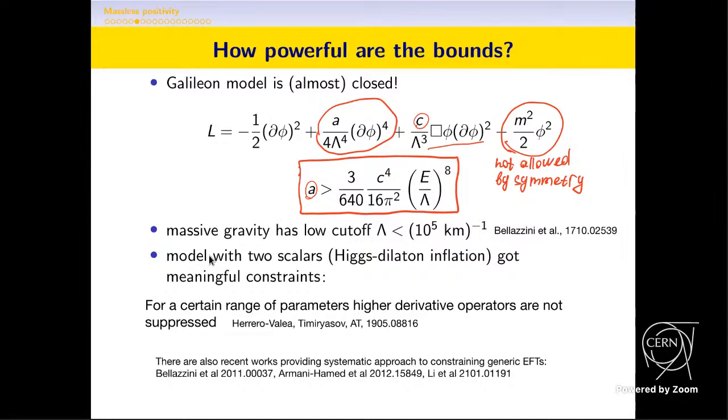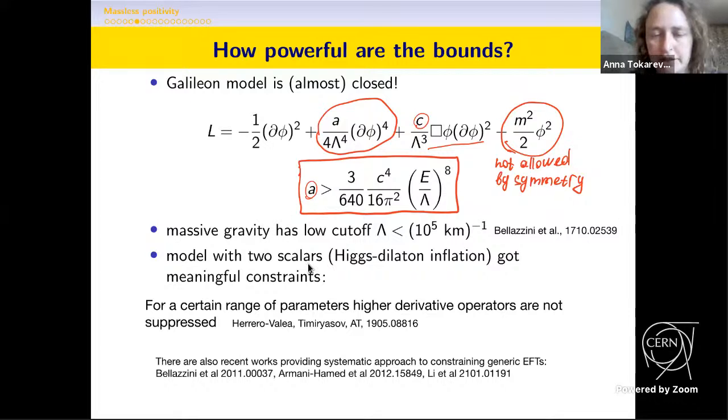Also, actually, all models with higher derivative terms can get some meaningful constraints from the approach I'm speaking about. In my work, it was done also for a model with two scalars, Higgs-dilaton inflation, and in general, all theories with higher derivatives have to be constrained from this point of view.